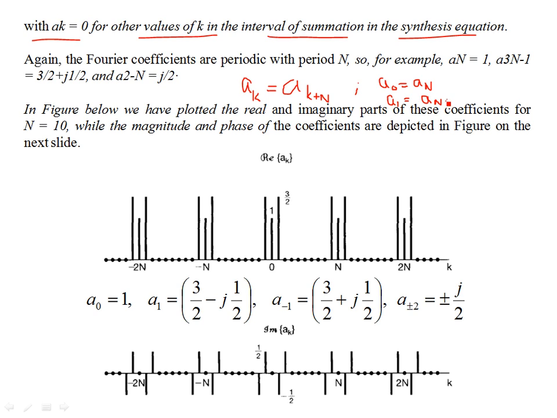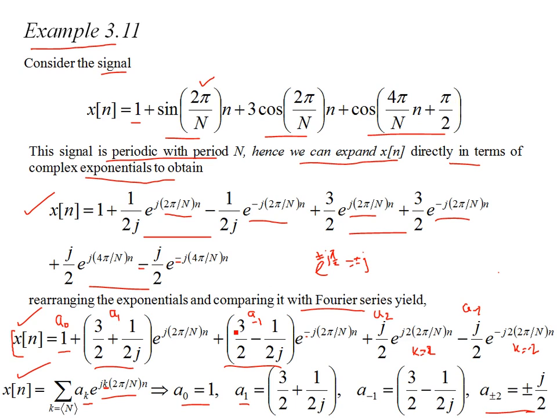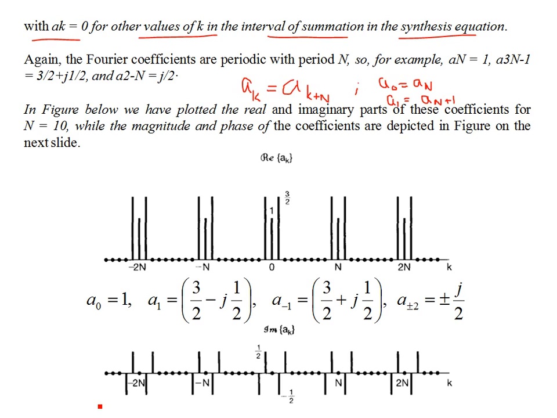So the Fourier coefficients are also periodic, since in the expansion the discrete-time exponential is periodic with period N, and these exponentials are harmonically related with each other, and you don't need to go beyond capital N. In the same manner, the Fourier coefficients have a periodic nature, and the period of the Fourier coefficients is again capital N. So Fourier coefficients are periodic with period N.